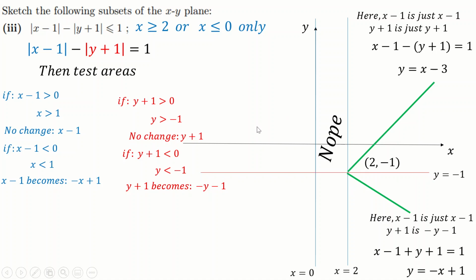Okay, what about over here then? So ignore the region of nope. What about over here? Here, x minus 1 is negative, so I'm going to flip that. But I'm going to keep my y plus 1 because it's above the line. So I put that in, but remember this becomes a negative still because just like here, I expand out that negative sign, so this becomes a negative. So sometimes I'll use the brackets, sometimes I'll be lazy.